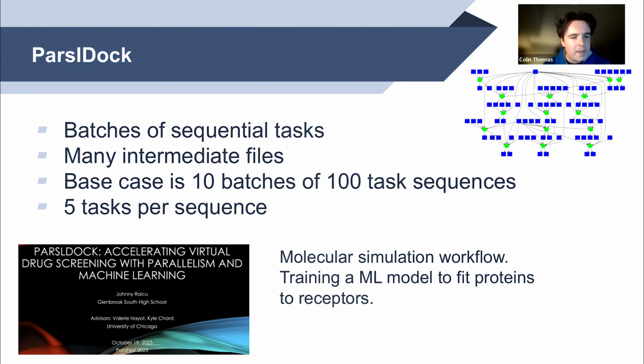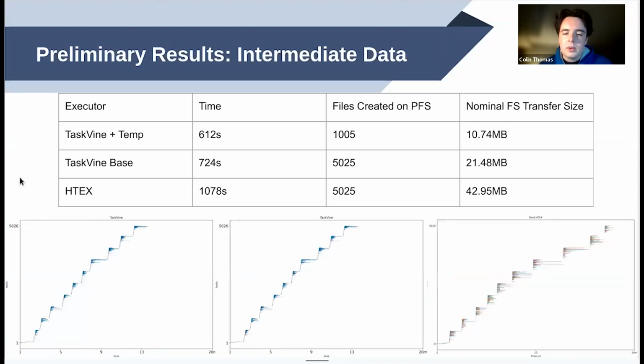So the preliminary results we have, it's not running at an exceptional scale. We've had a little bit of scaling issues at our own facility, actually. So TaskVine plus temporary files ended up having the fastest execution time here.